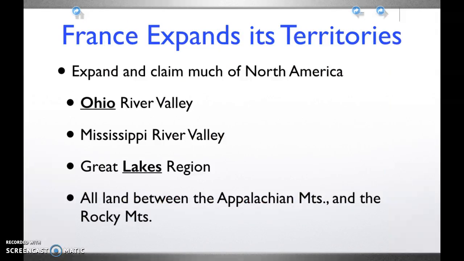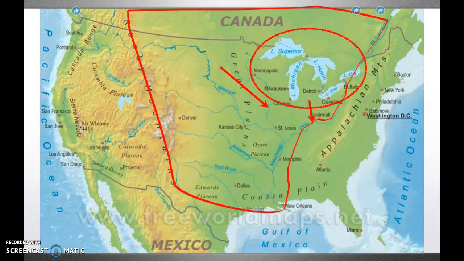France has expanded its territory into a lot of North America, especially modern day United States. They have claimed the Ohio River Valley, the Mississippi River Valley, the entire Great Lakes region, and a small little plot of land between the Appalachian Mountains and the Rocky Mountains. So this map right here kind of gives you a glimpse into it.